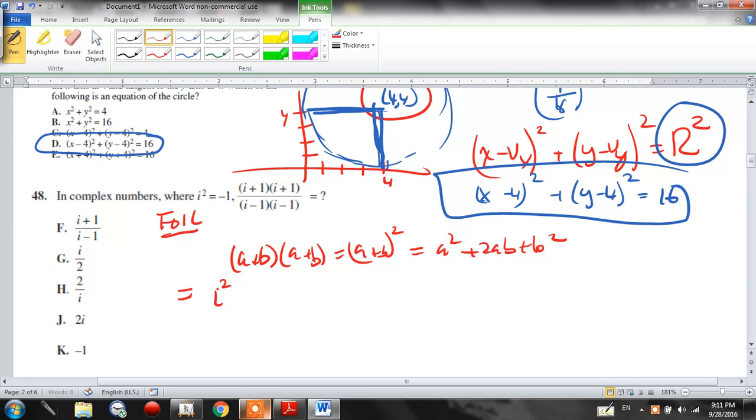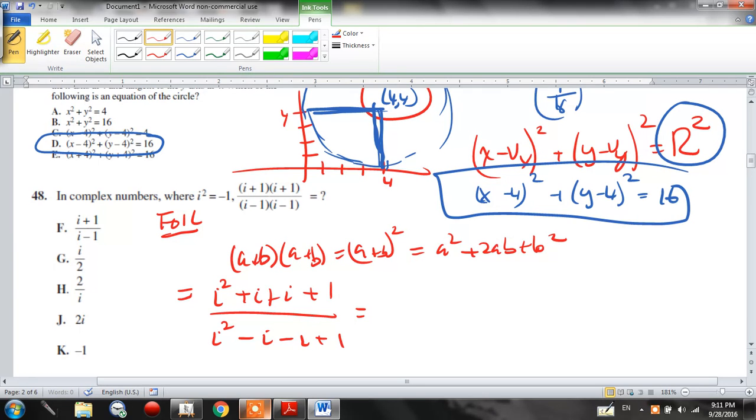First, i squared. Outer, plus i. Inner, plus i. Last, plus 1. Let's do the bottom one. First, i squared. Outer, negative i. Inner, negative i. Last, 1, like this. Okay?